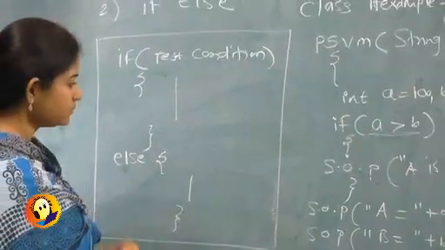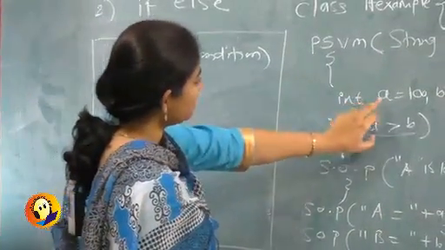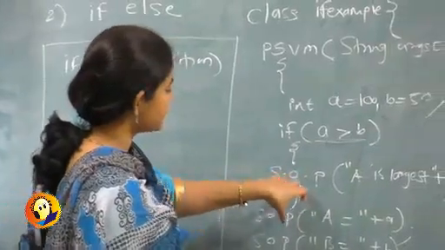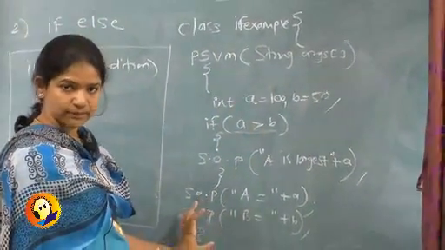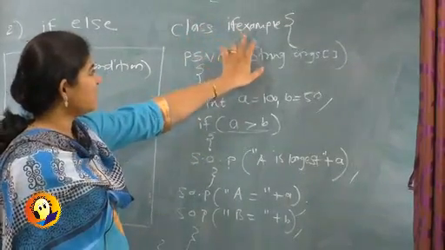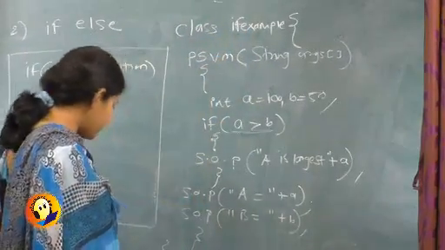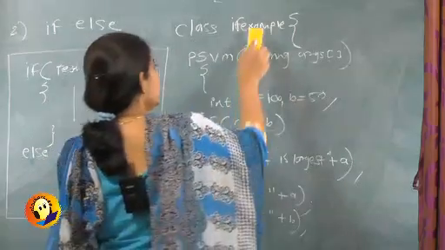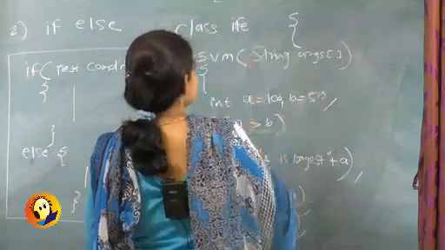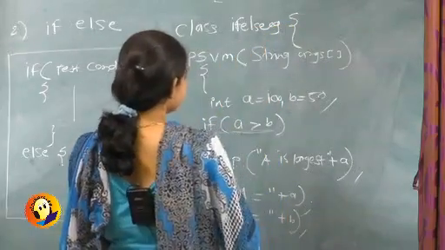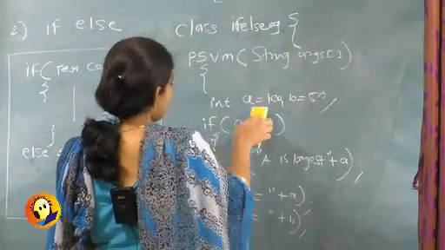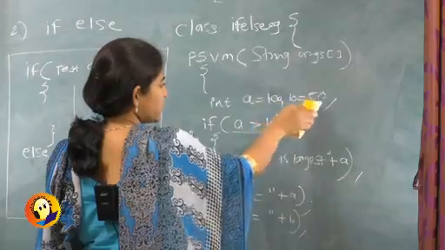Okay. So if a is greater than b, System.out.println. For example, I will continue with the same example. Consider class IfElseExample. Consider two variables in main, a is equal to 100, b is equal to 50.